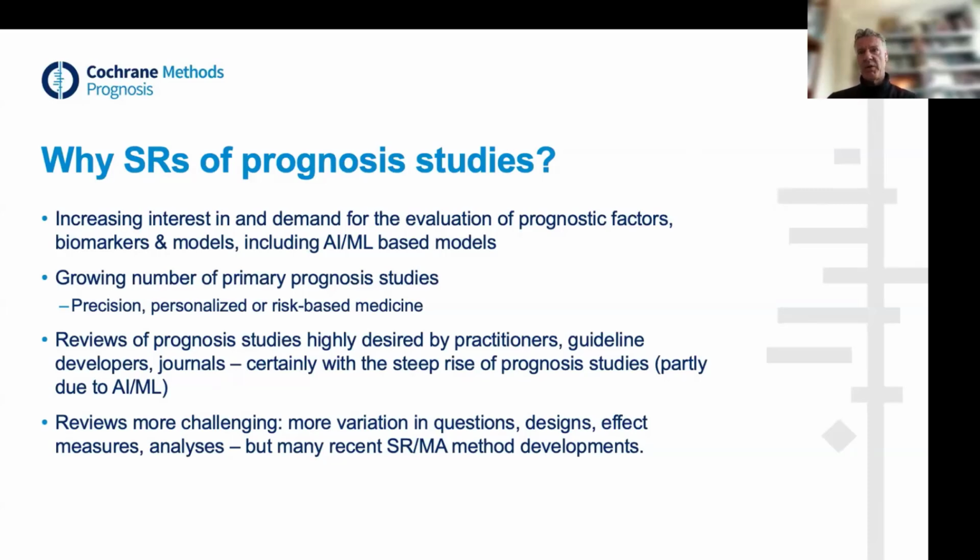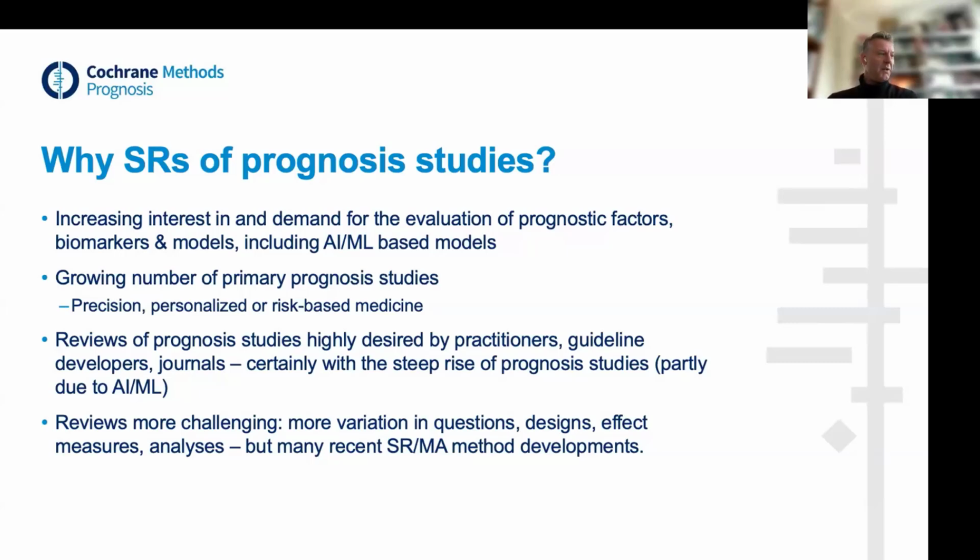And what I also see in the current era of AI, artificial intelligence, and machine learning, is that almost everything is repeating what we did before, because we can. So many new models are developed, aiming to replace existing models. For some areas we have more than hundreds or even thousands of prediction models for the same disease and the same outcome. So the number of primary prognosis studies is hugely increasing. And I'm afraid that will only further increase in the coming era.